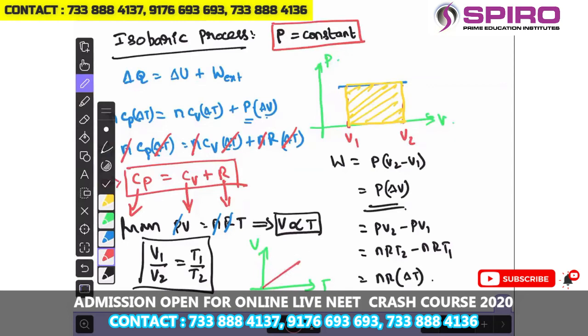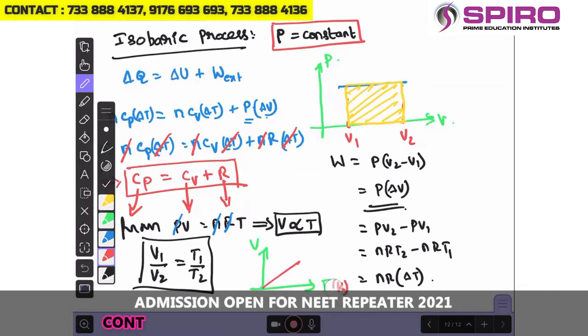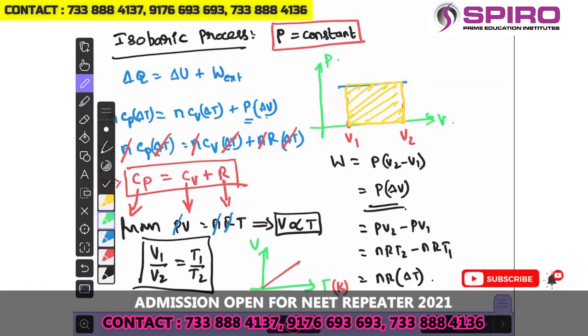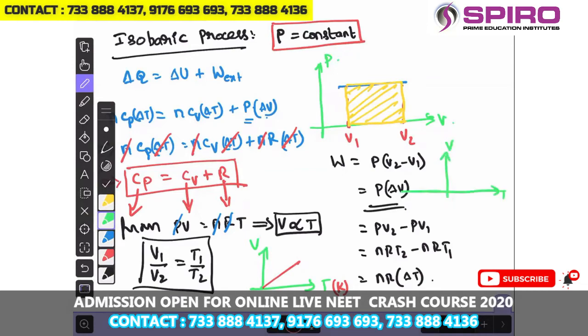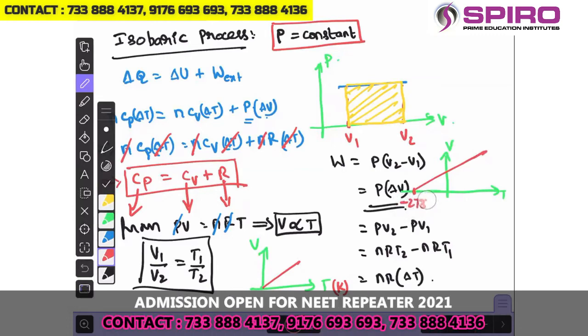If the temperature is in degree centigrade scale, the volume versus temperature graph is somehow like this, and it will touch the temperature axis at minus 273 degrees centigrade, right?